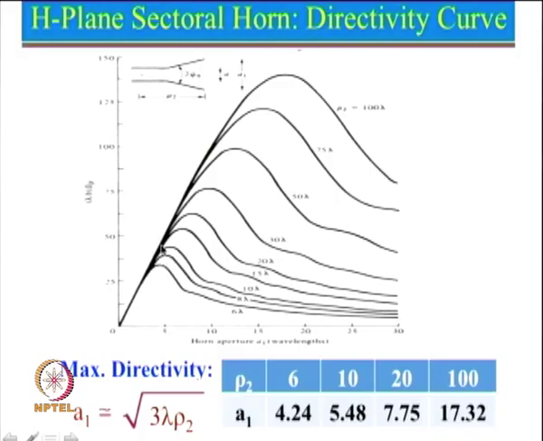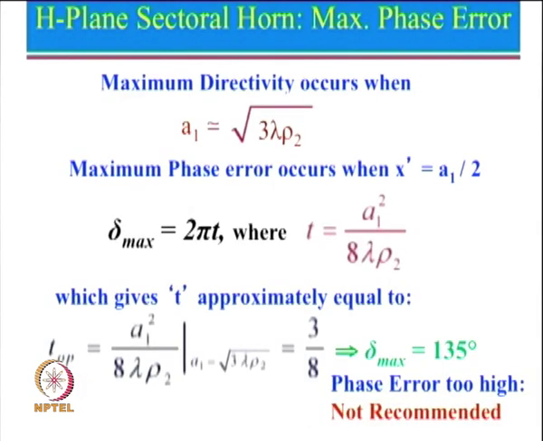So, it could have been this much directivity, which would have been much larger compared to this if the phase error was relatively small or negligible. So, hence I do not recommend phase error of 135 degree at all, and we will see later on what are the implications of these things.